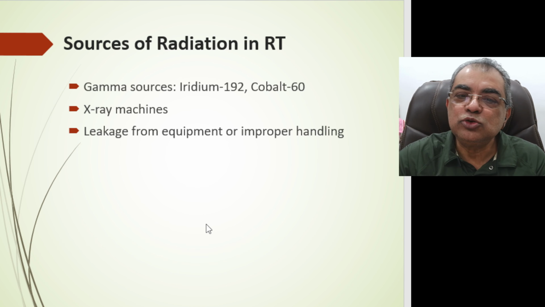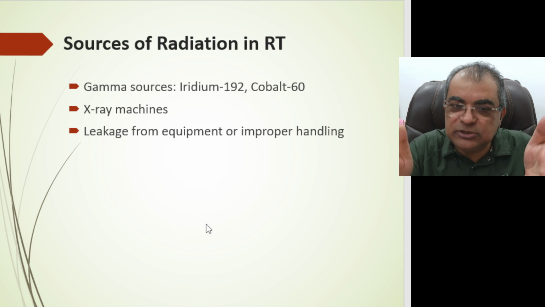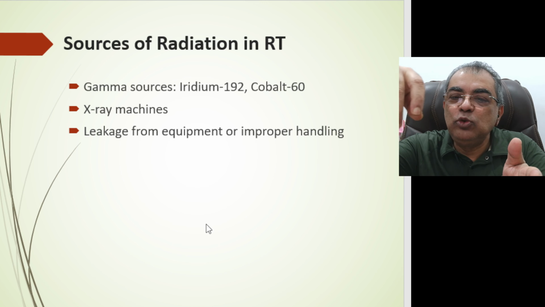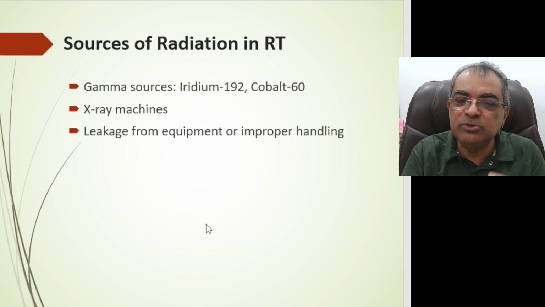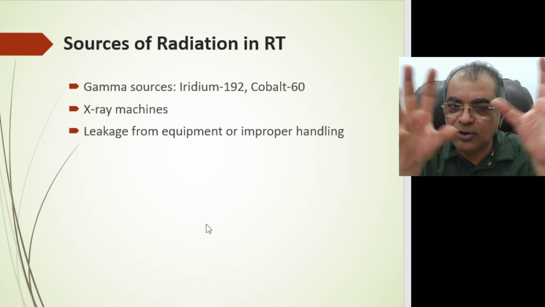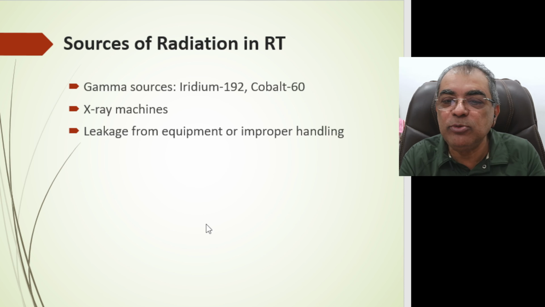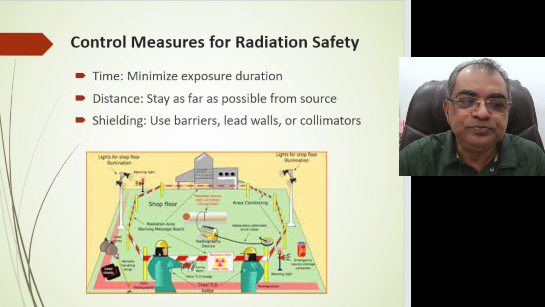So the sources of radiation, as we have already discussed, are gamma sources. There is an instrument in which iridium 192 and cobalt are used, or in some places an X-ray machine. There are a lot of technical things involved, so we will not go into this. X-ray machines, leakage from equipment or improper handling are the sources.